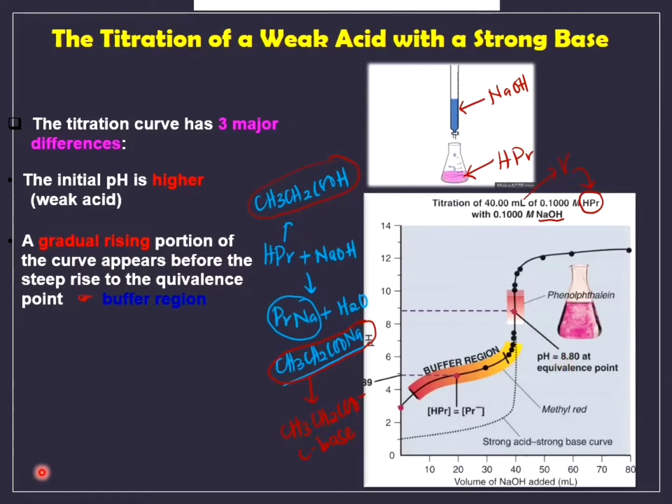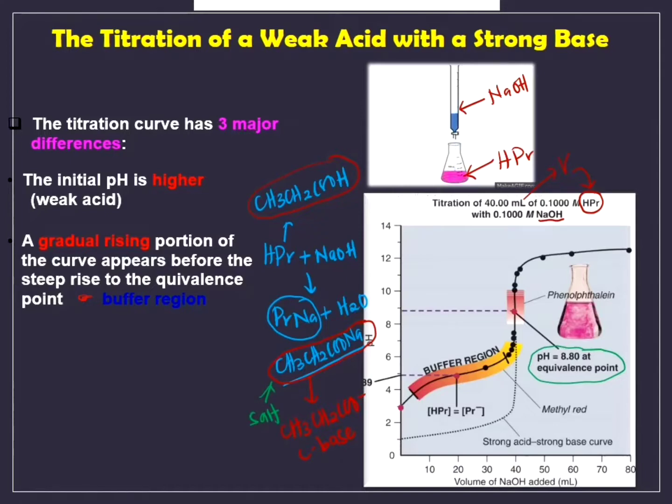Kalau tadi 7. Saya ulang lagi sekali, the pH at equivalent point here must depends on the pH of salt produced. I repeat, the pH of equivalent point must depends on the pH of salt produced. So this is our salt. Ni salt kita tadi.